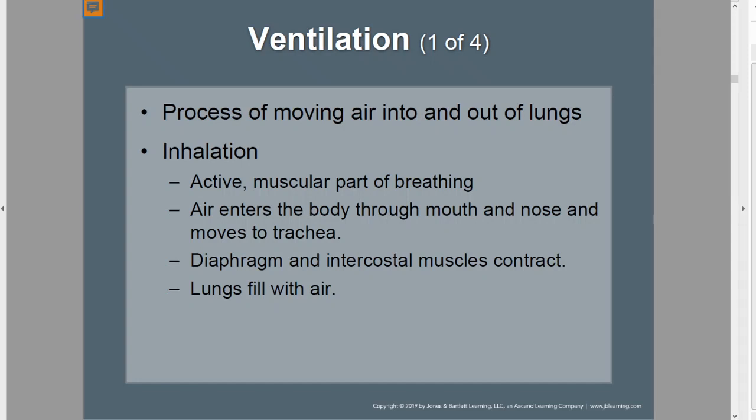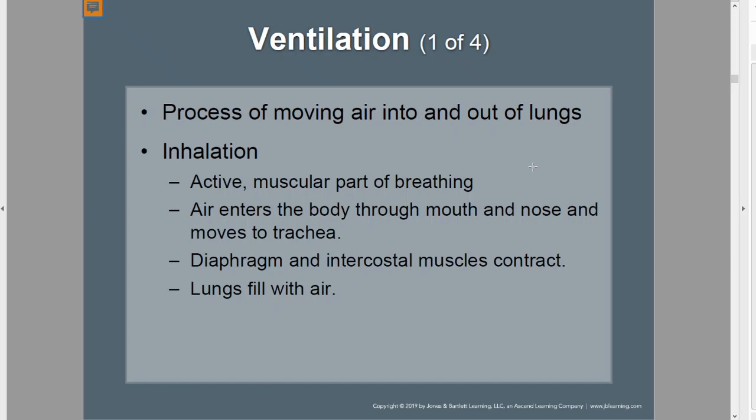All right, so we're going to continue to talk about ventilation now. And what is ventilation? Well, ventilation is the process of moving air into and out of the lungs. Okay? So get that definition, because you'll see these again. Ventilation is the process of moving air into and out of the lungs. It's necessary for oxygenation and respiration.